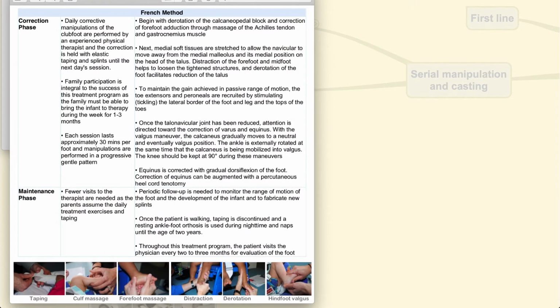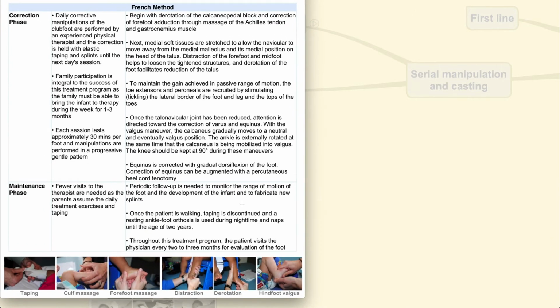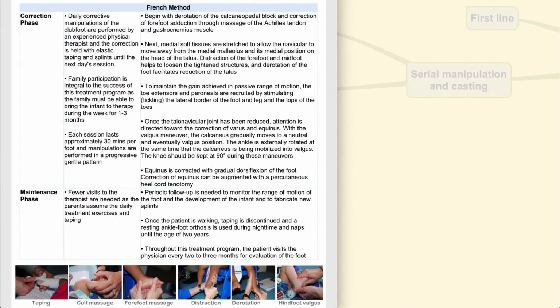For the French method, basically it is divided into a correction phase and a maintenance phase. During the correction phase, daily corrective manipulations are performed, and the correction achieved through passive manipulation is maintained using a specific method.